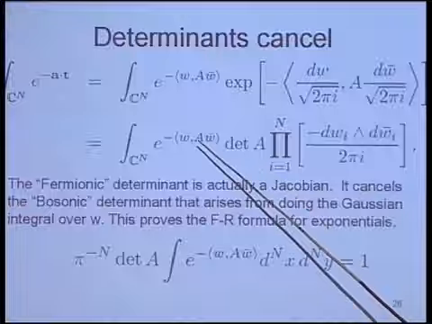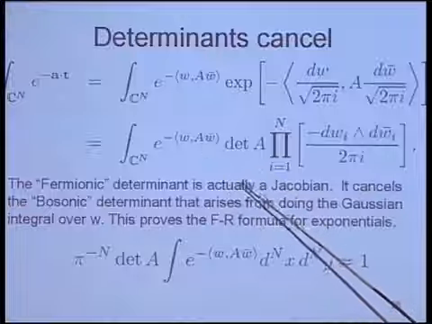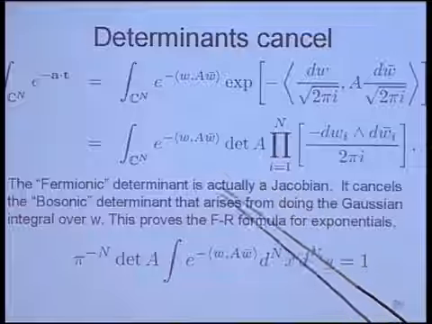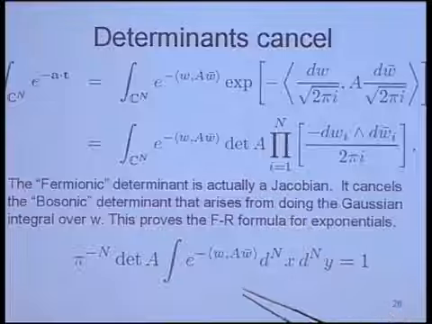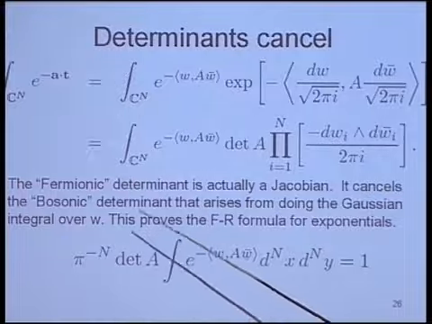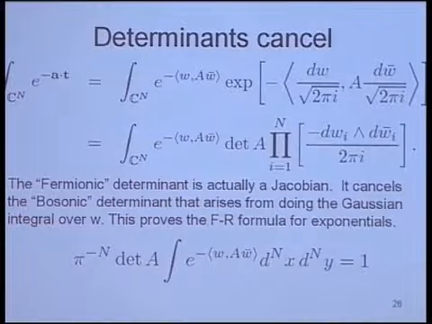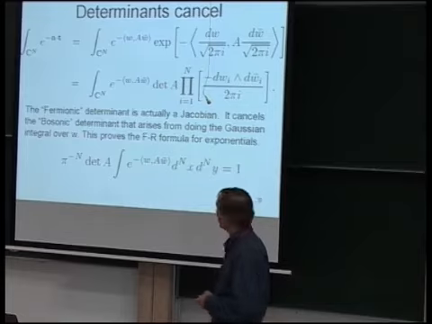And then, all right, I'll try to finish up quickly. The boson integration will give you an inverse determinant, and so then the product is 1. And so that establishes the forest root formula in the case of an exponential, and therefore by linearity you get it for a general function.